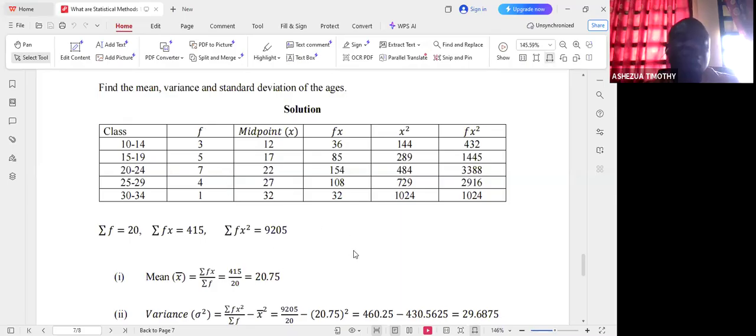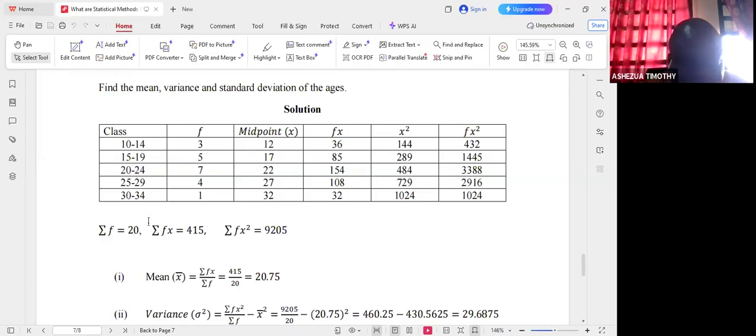Then for you to get the variance and standard deviation, you need the F column, F of X, Fx, and the Fx square column. You need all these columns.